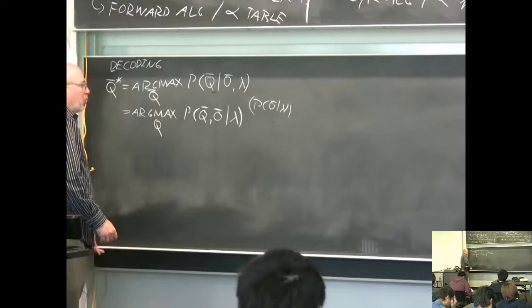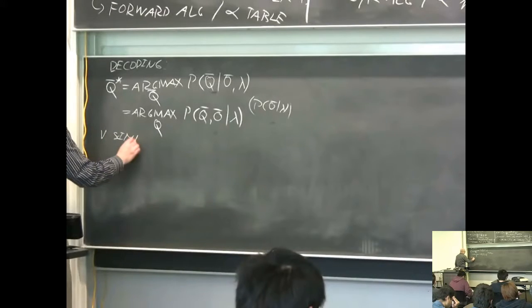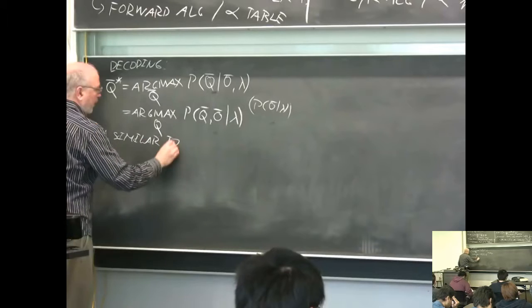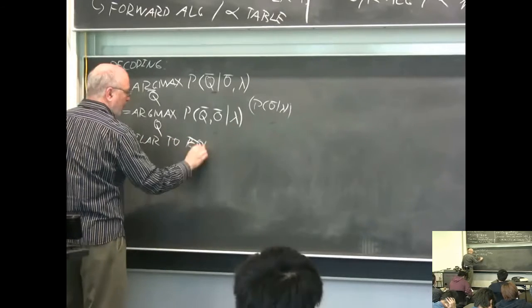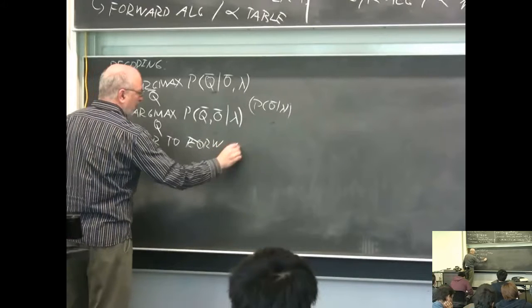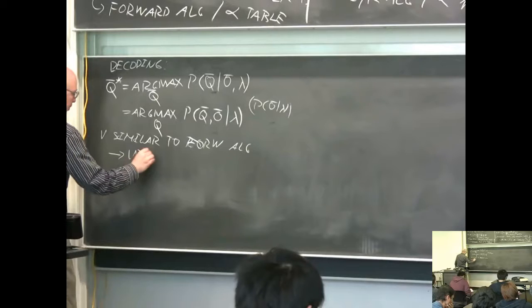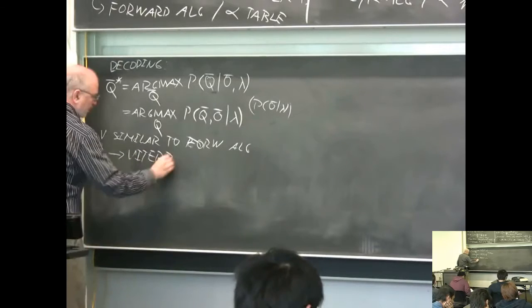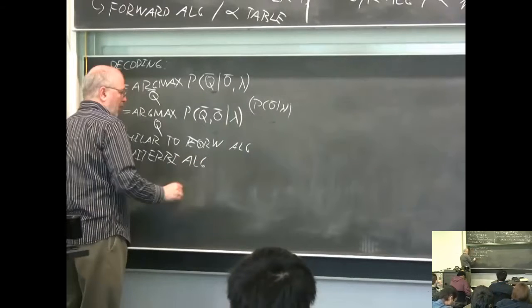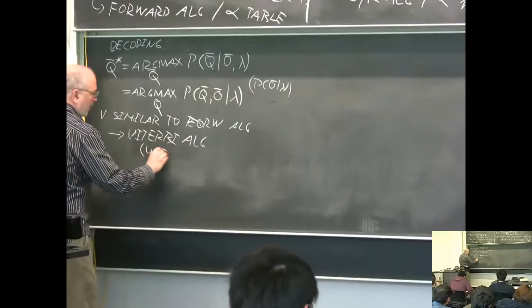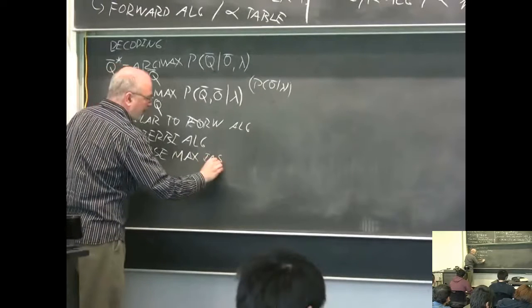So the algorithm to do that, very similar to the forward algorithm, is called the Viterbi algorithm. Basically, it uses max instead of sum.